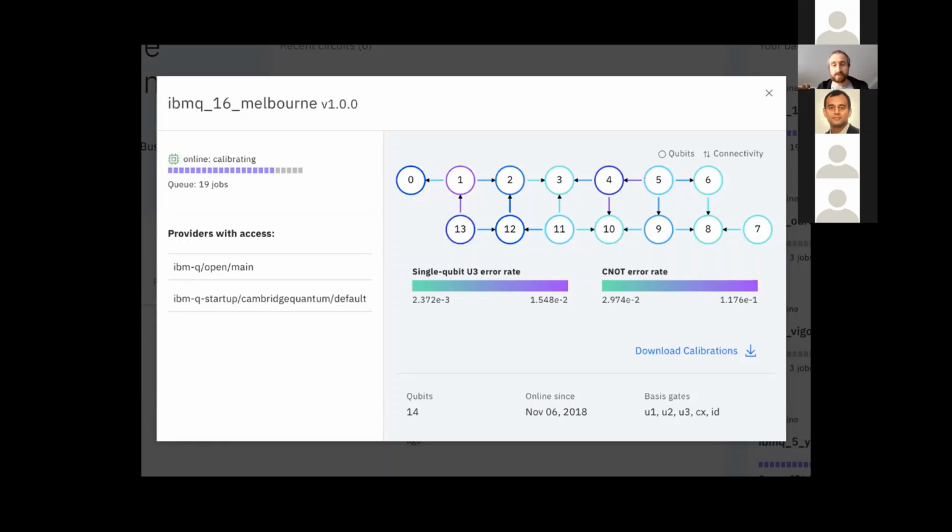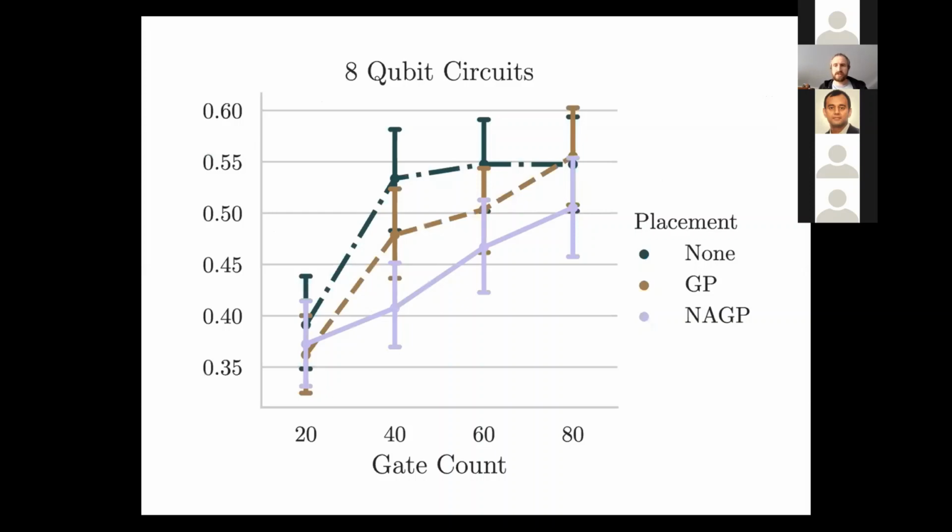So here you can see 3 different plots. The y-axis here is the Jensen-Shannon divergence from an ideal simulated circuit, and so lower is better. And you can see that in the case where we do no particular placement, just whatever the circuit was by default, the divergence goes up very rapidly with the gate count. GP stands for graph placement.